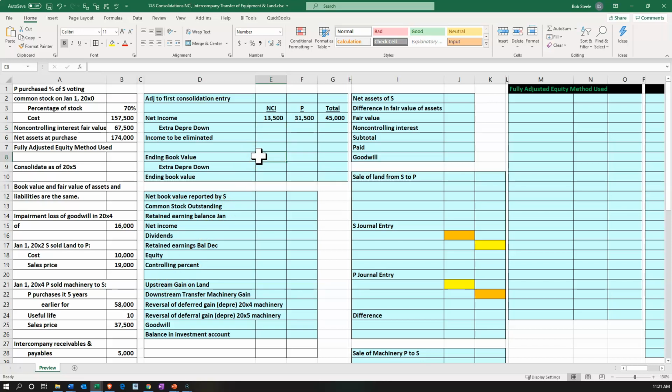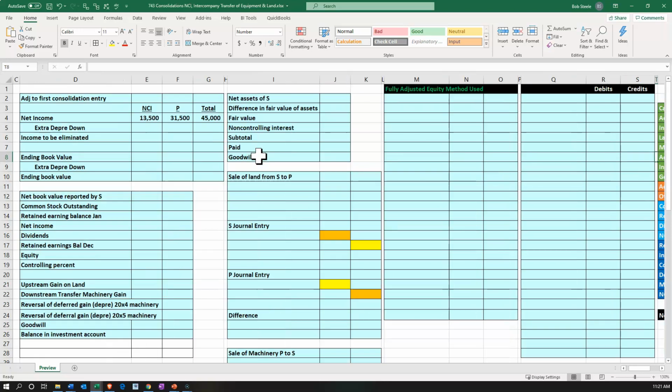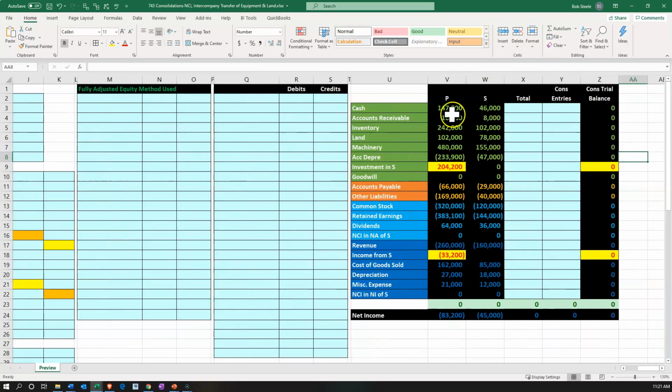So let's go down the other side of this worksheet that I just want to fill in now. It will be the book value. So we'll have the book value, which will be assets minus the liabilities for S here, or the 273,000, or in other words, the equity, same thing, 273,000. So let's pick up that number.